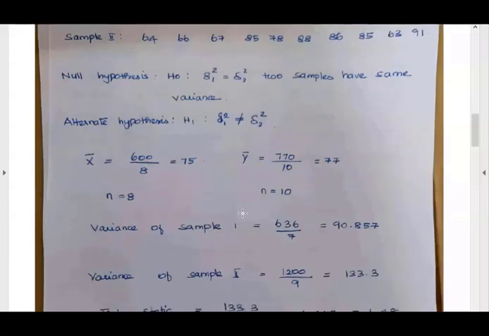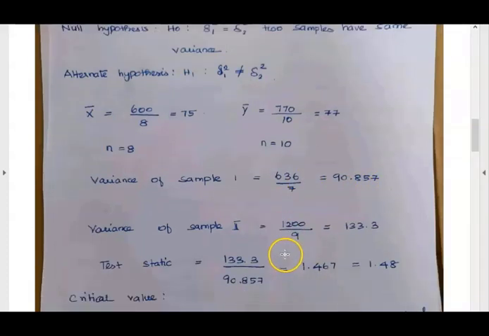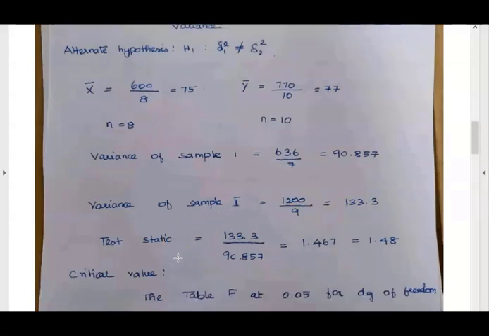Then I am estimating the variance of sample 1, which I get as 90.857, and the variance of sample 2 I get as 133.3, and finally I am deriving the test statistic as 133.3 divided by 90.857, which gives 1.467, and rounding off, I get 1.48.